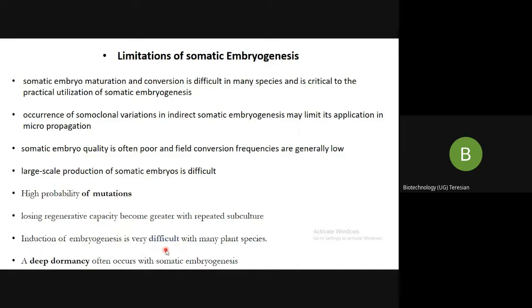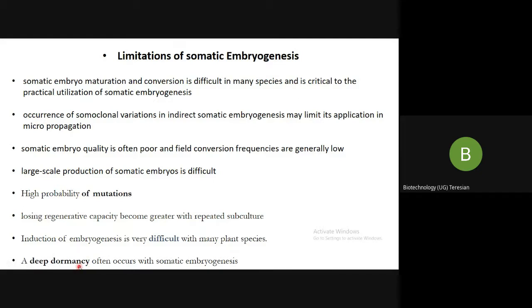Induction of embryogenesis is very difficult with many plant species. I told you, date palms. It has been tried many times and has resulted in very poor development. A deep dormancy often occurs with somatic embryogenesis. We want the plants to be developed soon, but sometimes a deep dormancy is formed.